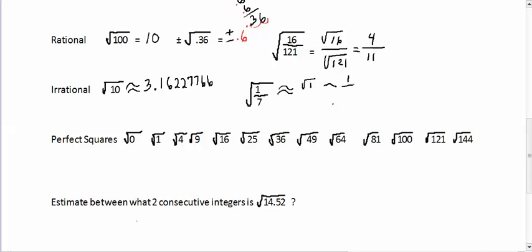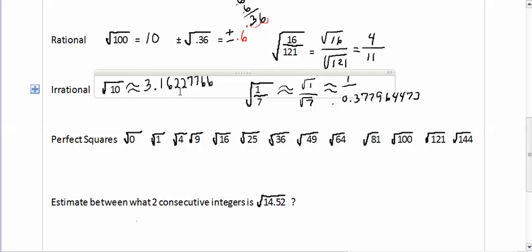That's a specific answer, but our bottom, the square root of 7, is 0.37796443. Okay, so it's irrational. It does not terminate. It keeps going on. All right, now the next part.